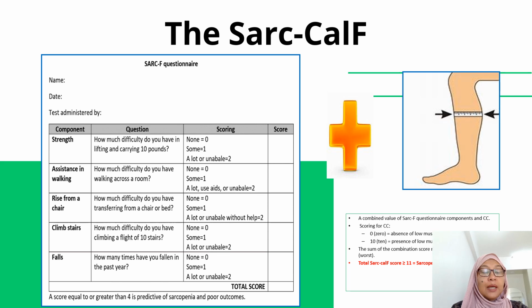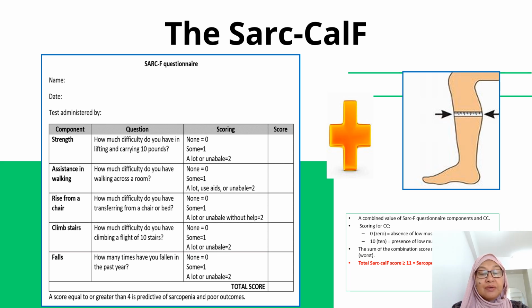Another diagnostic tool is the SARC-CalF. The SARC-CalF combines the SARC-F questionnaire with calf circumference measurements. Here is how you can calculate the SARC-CalF score. You have to first complete the SARC-F questionnaire and then measure the calf circumference as described in the previous slide.